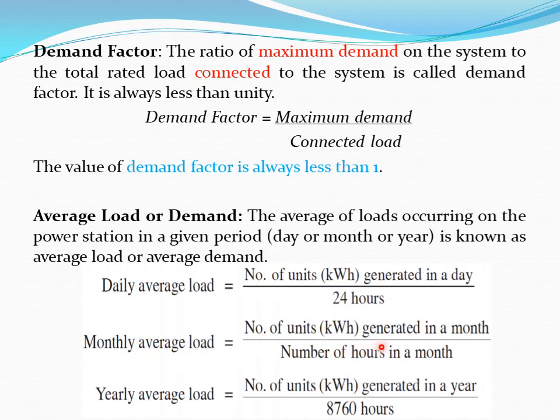Hours in a month means we are considering 30 days, so 30 into 24. Next is the yearly average load for the whole year. Total number of units generated in a year divided by 8760. Totally how many days in a year? It is 365. So this represents 365 into 24.